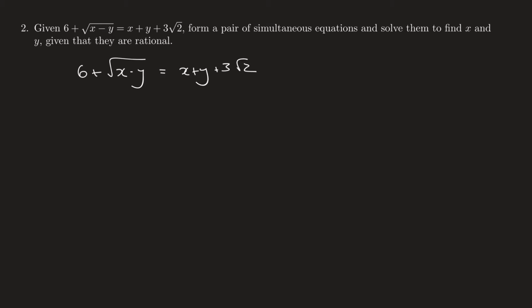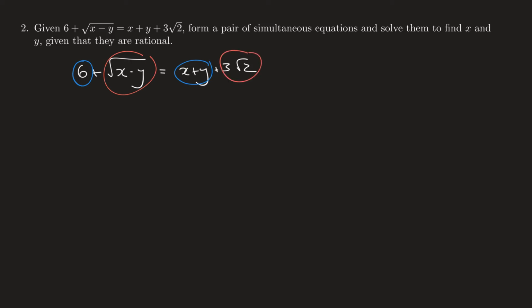Okay, so how do we get the pair of simultaneous equations? Well, again, this comes back to something we looked at before, where we compare the terms with a square root in them and the terms which don't. The terms which don't have a square root: the left side has a 6 and the right side has x plus y. And then we've got this root x minus y and this 3 root 2 on the right side.